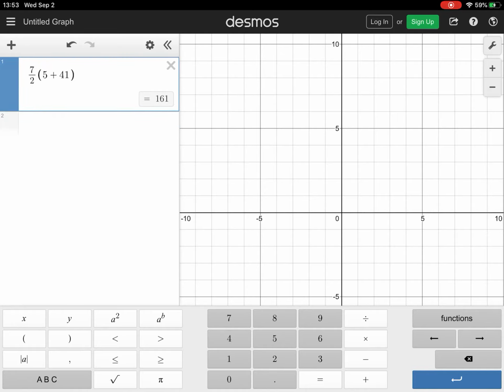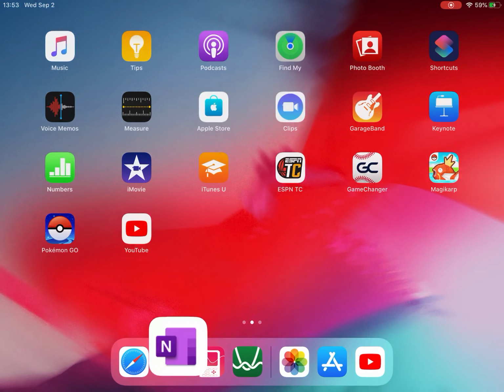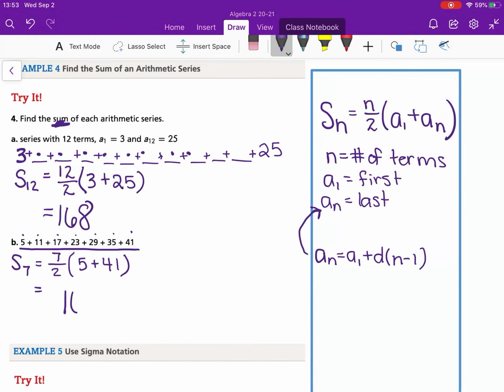My memory's gone. All right, 7 divided by 2 times 5 plus 41 is 161. So I challenge you to just add it up in the calculator. 5 plus 11 plus 17 plus 23 plus 29 plus 35 plus 41. And tell me, do you get the same answer?